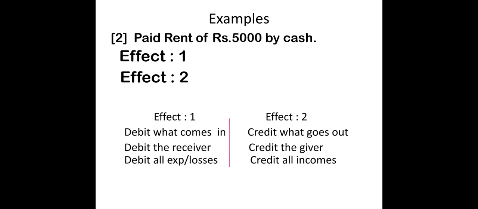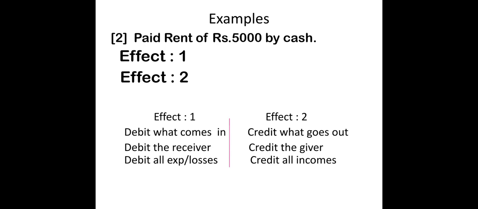So paid rent by cash. Now in effect number 1, student, what do we write? Which one is applicable? Debit what comes in, debit the receiver, or debit all expenses and losses? Yes, you are right, student. The last one is applicable because rent is our expense. So we are paying rent to our landlord, so rent becomes our expense.